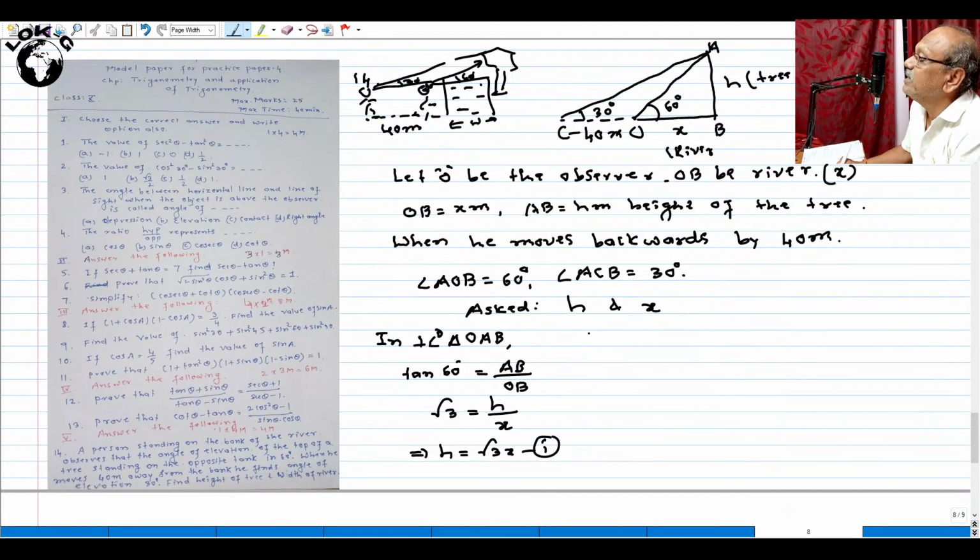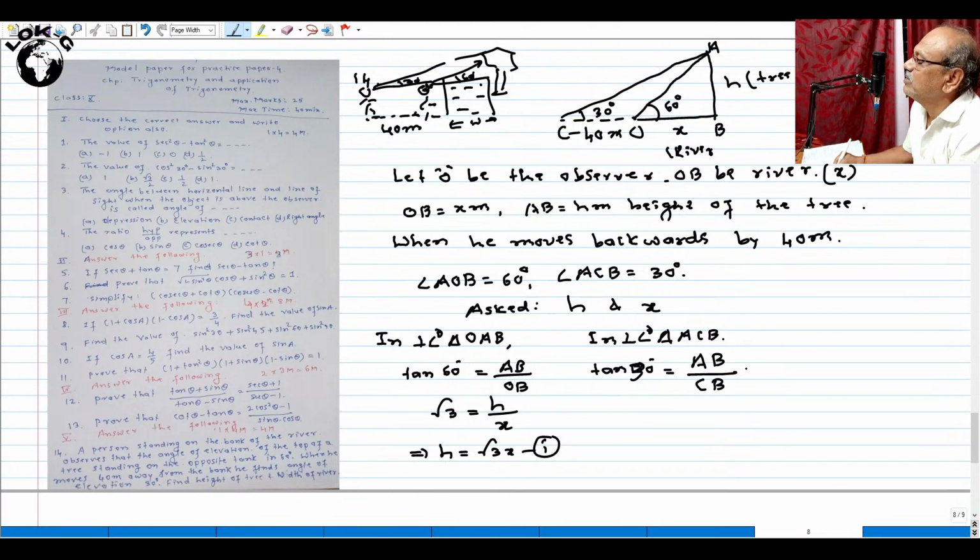Similarly, we will take the right angled triangle ACB, okay? Now you can take tan 30 degrees. What is tan 30 degrees equal to? Opposite is AB upon adjacent is CB.